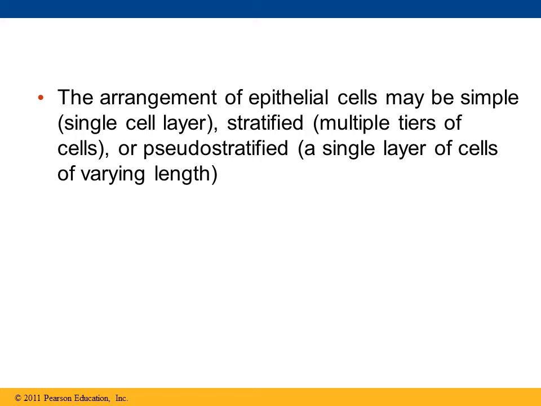For example, the epidural cells on the skin are many layers thick, or what we call stratified, because it has to form a protective layer. But on the inside of the body, they tend to be simple or single cell layers because they are geared towards exchange of gases and other materials, so they don't want to have a whole bunch of cell layers to move things through.